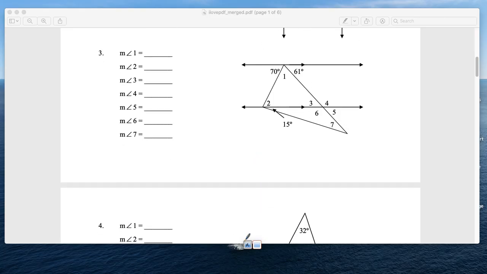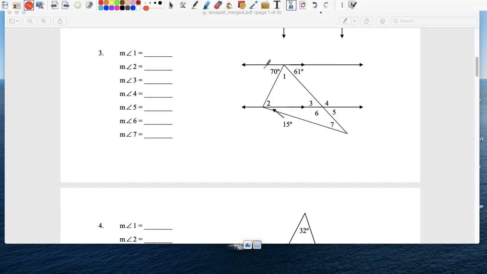Try this one. Let's start right off the bat, right here. This is a straight line, ladies and gentlemen, a straight line. And the combination of 70 degrees plus angle 1, which I don't know yet, plus 61 equals 180.